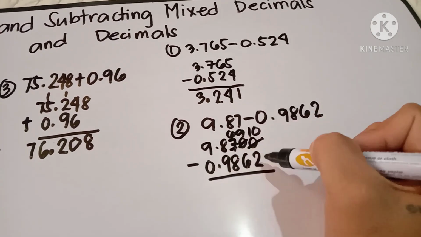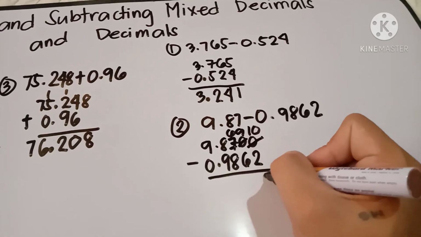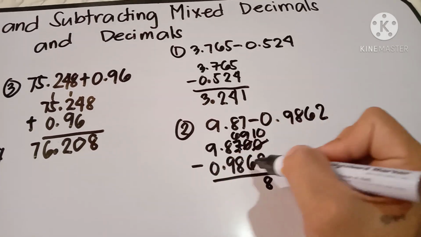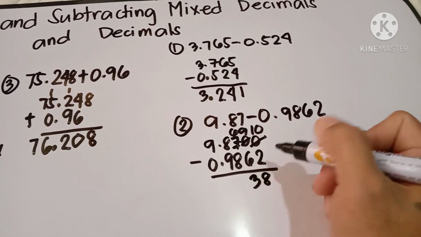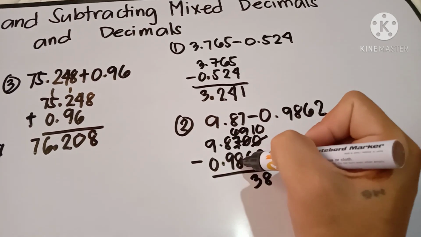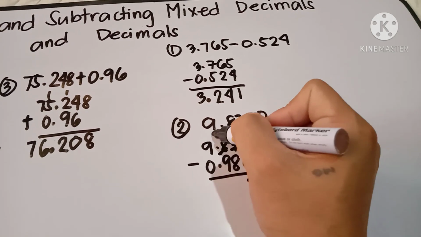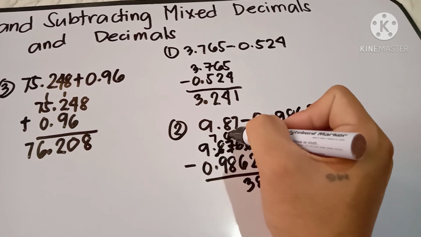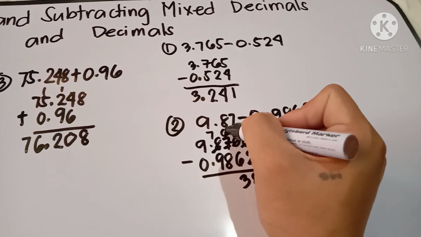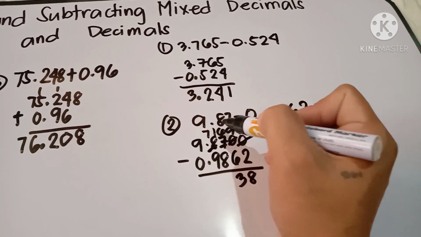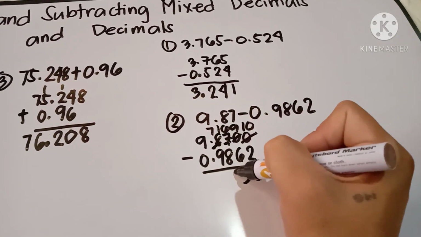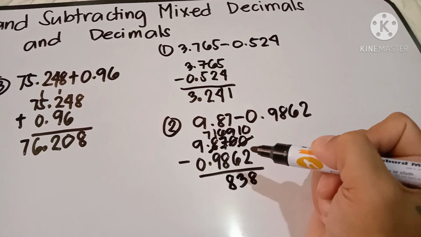Okay, so 10 minus 2 is equal to 8. 9 minus 6, that is equal to 3. 6 minus 8 cannot be. So again, we are going to regroup. So 8 will become 7. Now, dagdagan natin ng 10 yung 6. So 10 plus 6, that is equal to 16. So 16 minus 8, that is equal to 8.